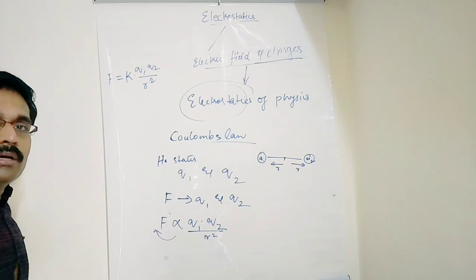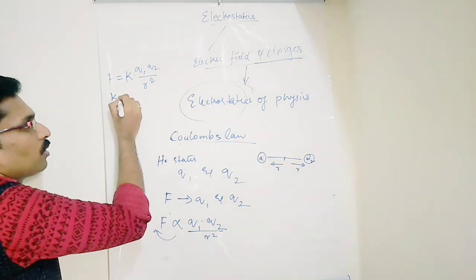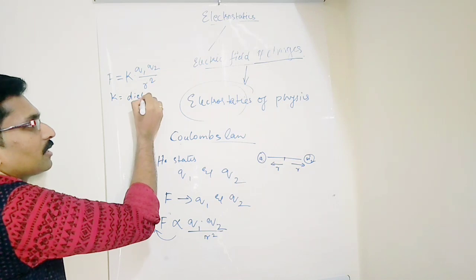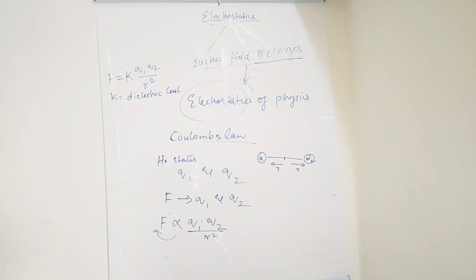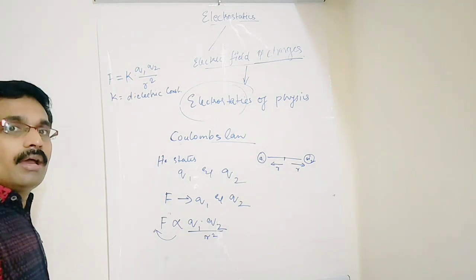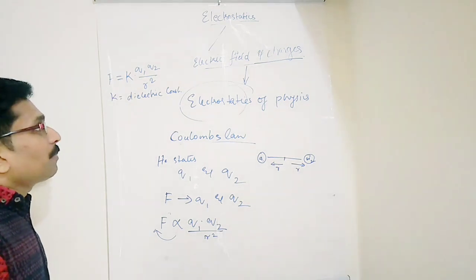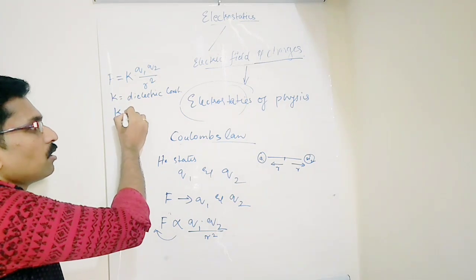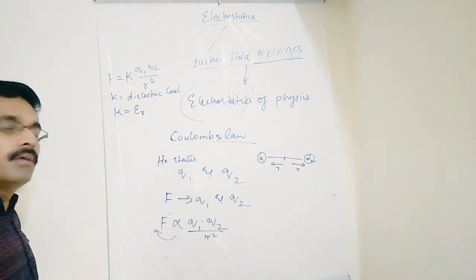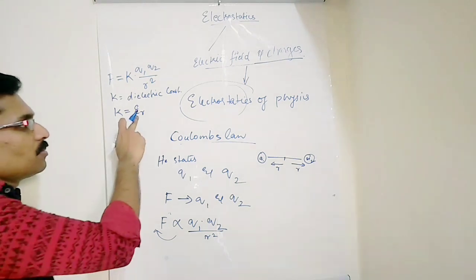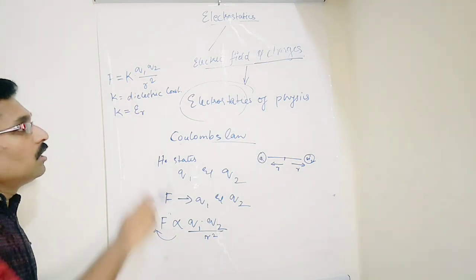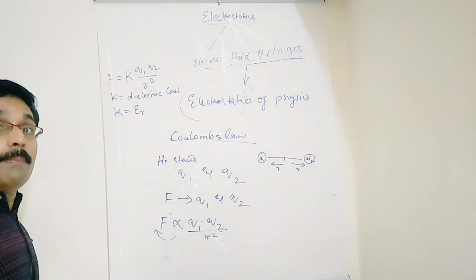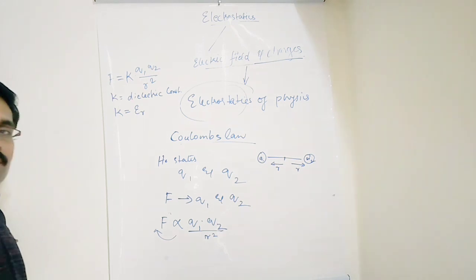K is the constant over here, and K is known as a dielectric constant. It is known as the dielectric constant, or else we have another term also, the specific inductive capacity. K is also known as epsilon r, and it is known as the relative permittivity.